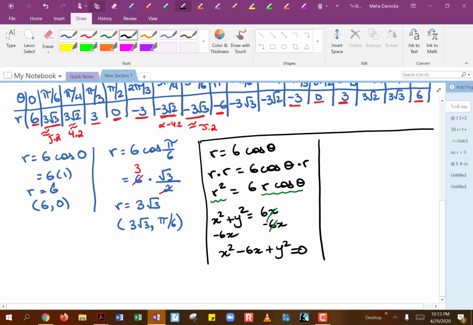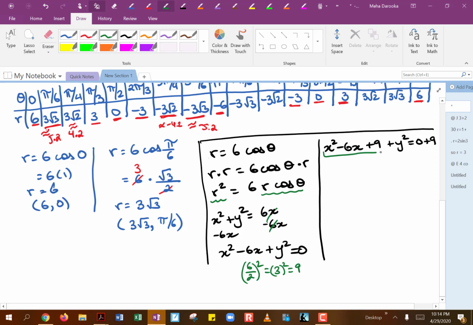Then we would have completed the square, which is taking the number 6, dividing it by 2, and squaring it. 6 divided by 2 is 3, and 3 squared is 9. We add 9 to x squared minus 6x, keeping the y squared as it is, and 0 plus 9 on the right-hand side.